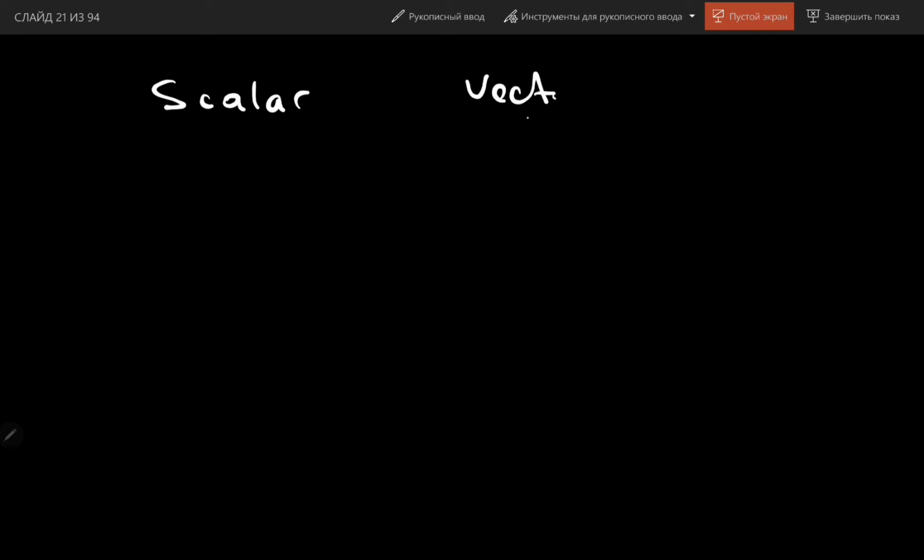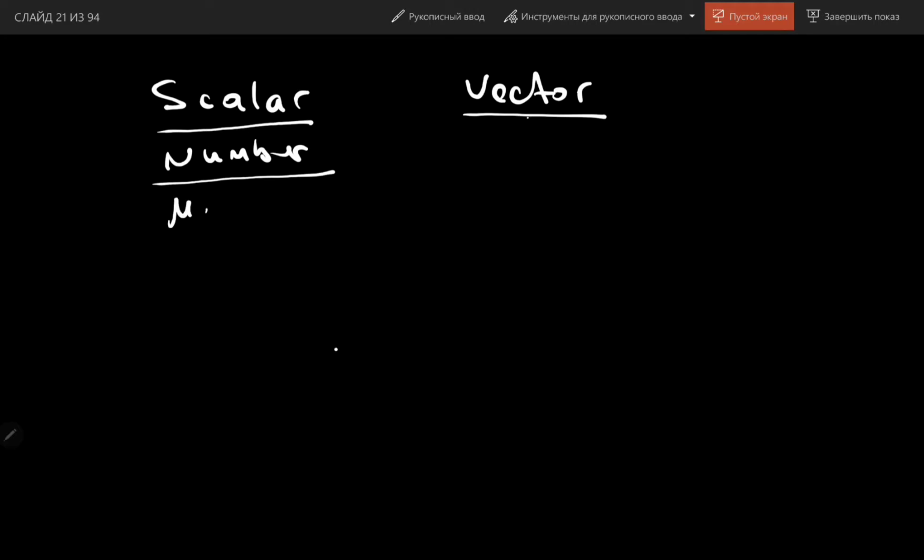All quantities can be divided into these groups. Scalar is just a number. If you have a physical quantity such as mass, for example, just a number, mass equal to 1 gram, this information is enough. With just a number, sometimes we call it magnitude.